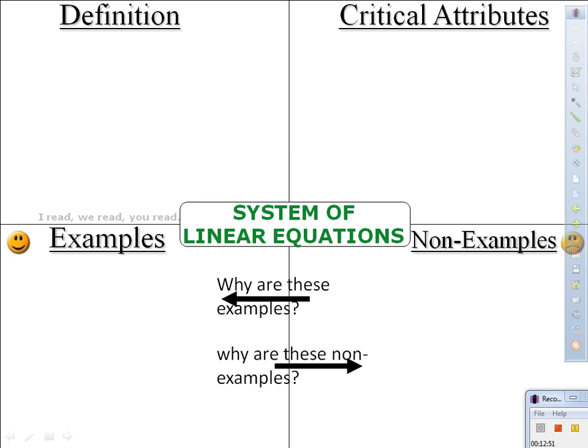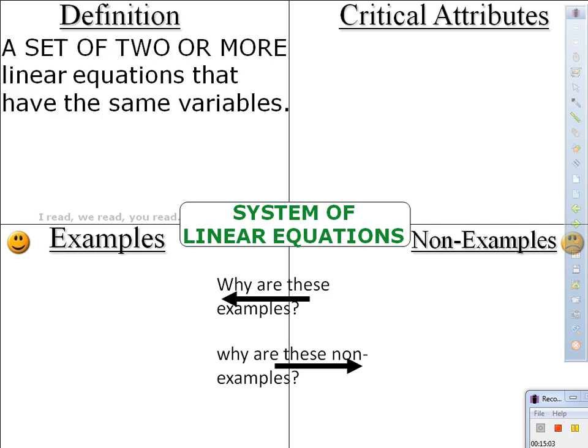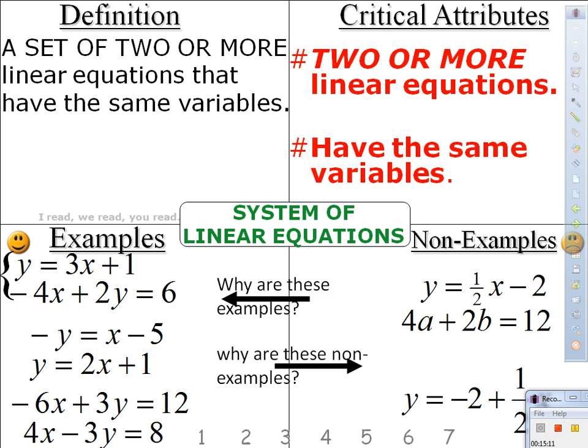What did you get for a definition? How about your neighbor? What did your neighbor say? All right. System of linear equations. Two or more linear equations with the same variable. You guys remember that? Yes? Examples, non-examples, and a hashtag.